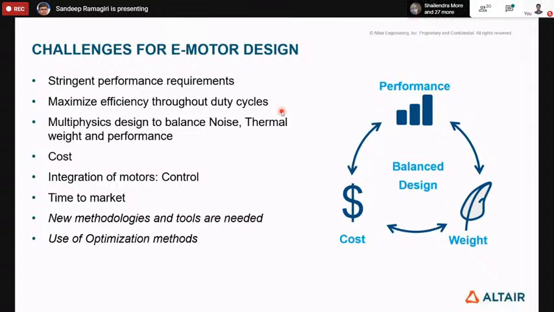So in India, normally we use NEDC, New European Drive Cycle, or the WLTP duty cycle. So we need to maximize the efficiency for the full duty cycle, or it can be any duty cycle. The duty cycle depends on the vehicle also, so it's not a single RPM. So that is one constraint.